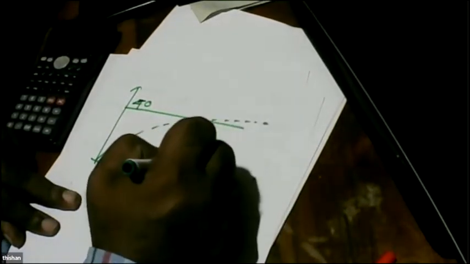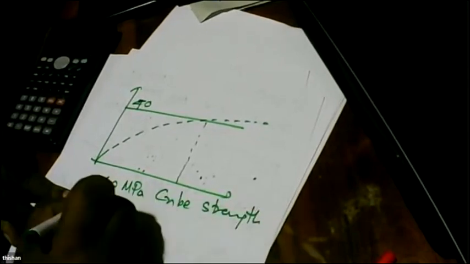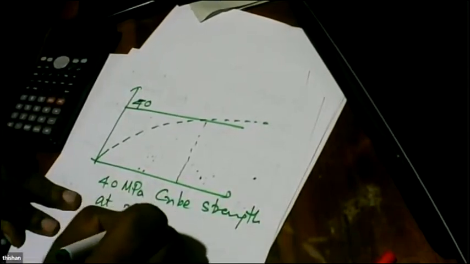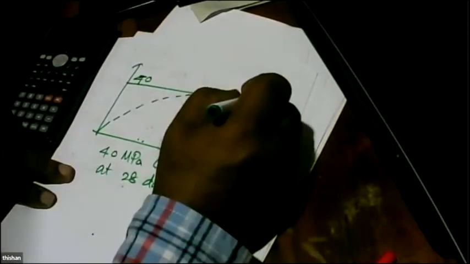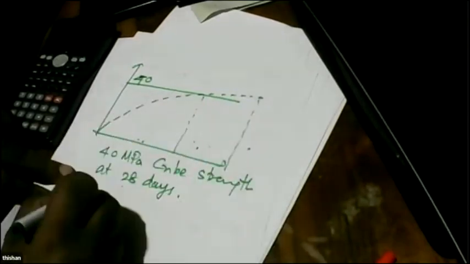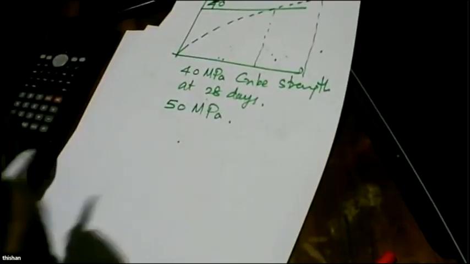And we might say we need 40 megapascal cube strength at 28 days. Why? Because we have used fly ash, with time it will be 50 megapascal. So that way you can easily achieve a target.